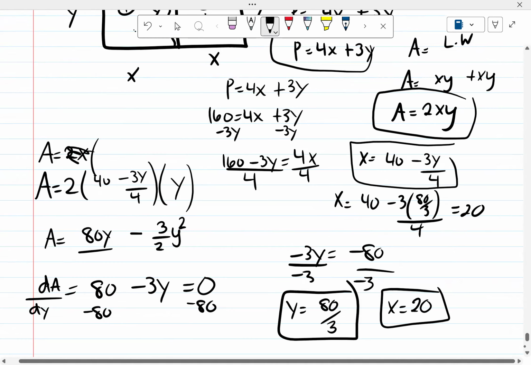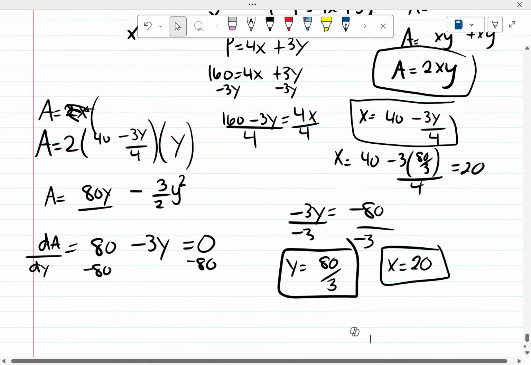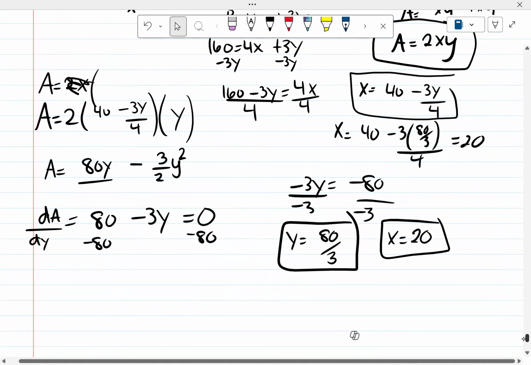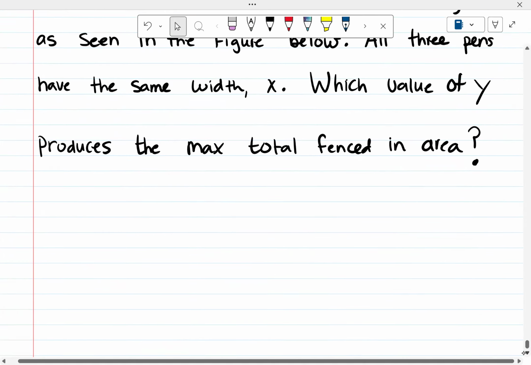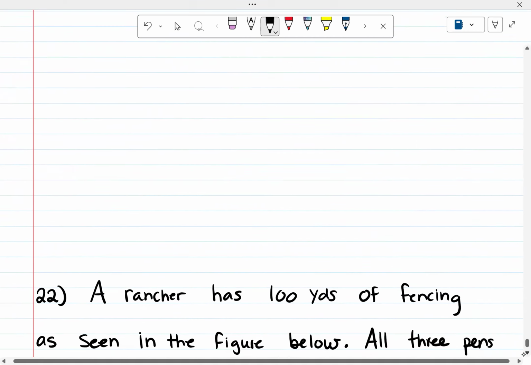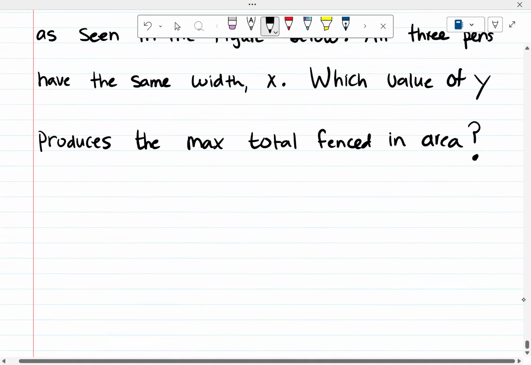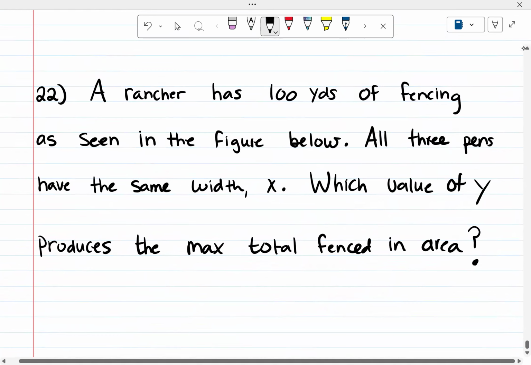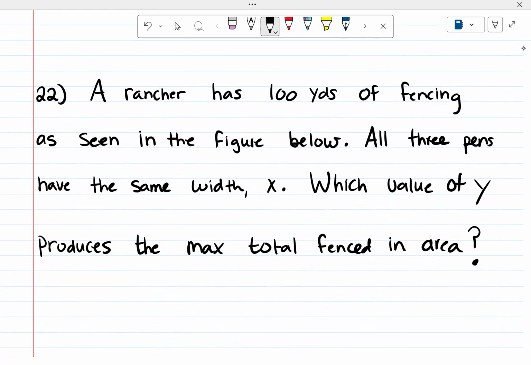Okay, let's do one more like this, and then we'll end it here. So number 22 says, a rancher has 100 yards of fencing as seen in the figure below. All three pens have the same width x. Which value of y produces the max total fence area? Did I draw the image? No, I did not.